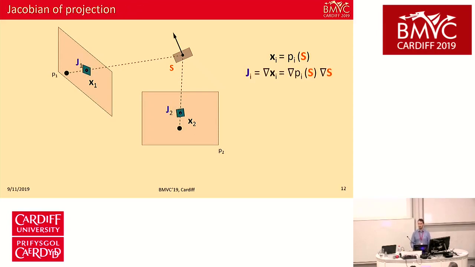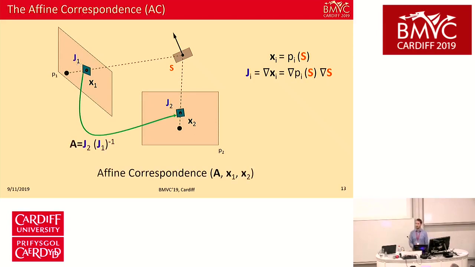If we take the Jacobian of the projection, we get 2 by 2 matrices J1 and J2. And actually, if we know these values, we can determine exactly the affine correspondence, which is the corresponding points x1 and x2, and the relative affine transformation, again a 2 by 2 matrix.